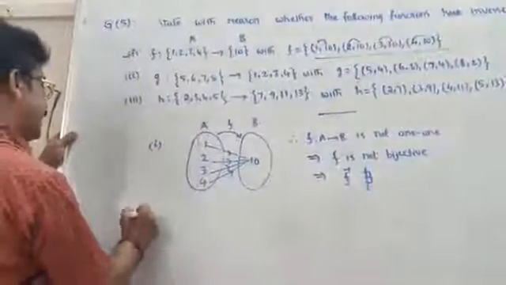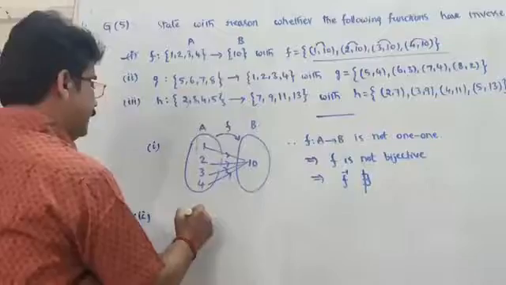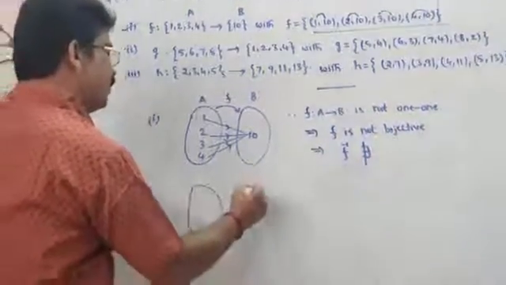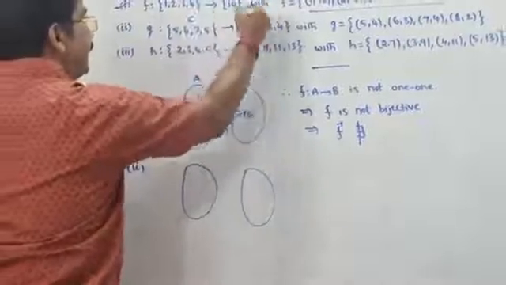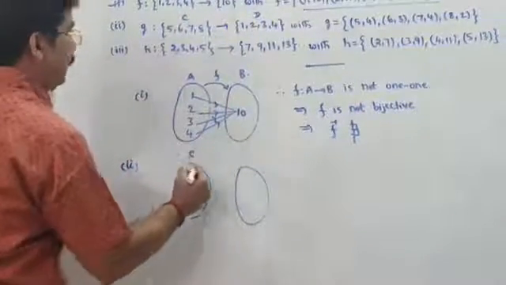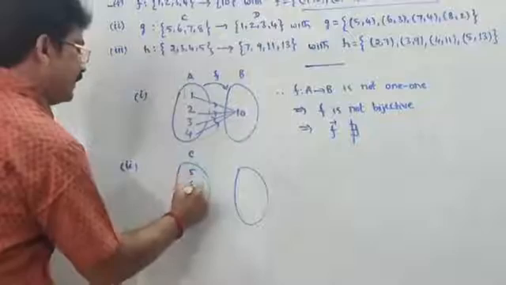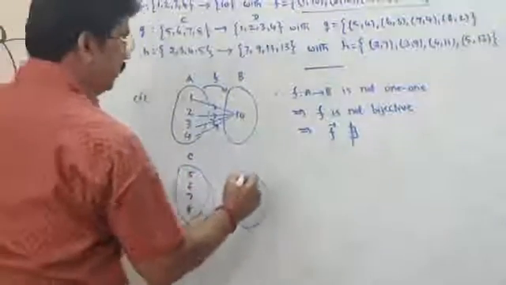Next, the second one, g, with domain and codomain, say capital C and D. Capital C is 5, 6, 7, 8 and D is 1, 2, 3, 4.